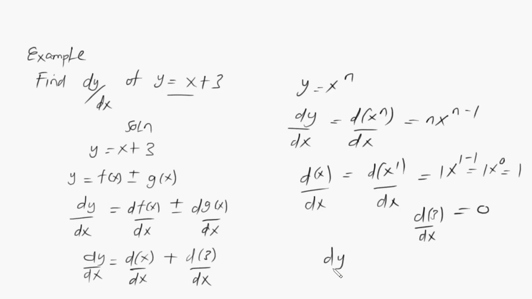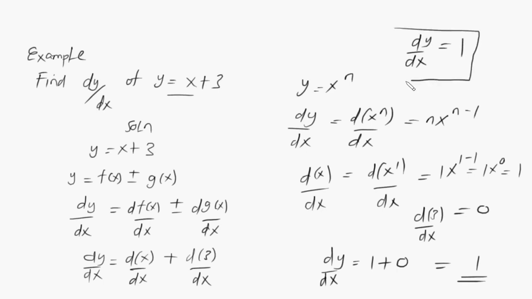So my dy/dx now finally is equal to 1 plus 0, where the answer is 1. So this is my final answer. Let me write it somewhere here, dy/dx equals 1 for this function y equals x plus 3. So this is my answer. That's my first example, example 1.